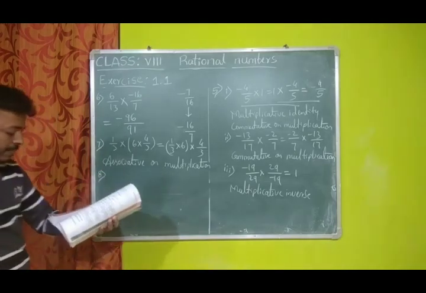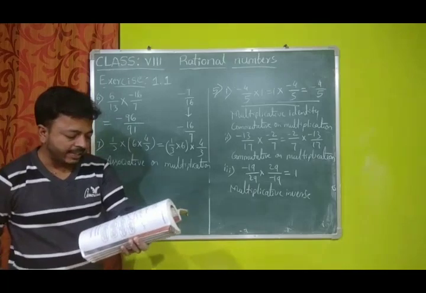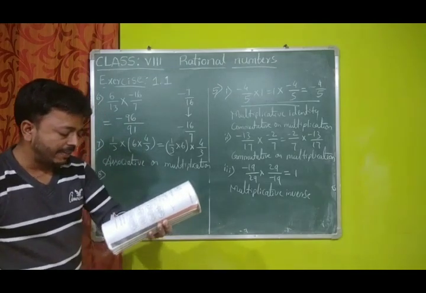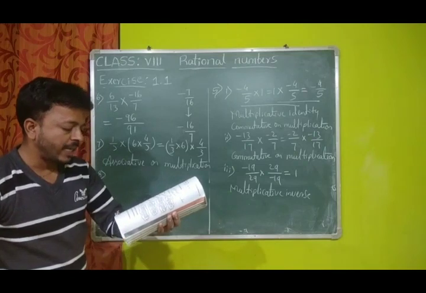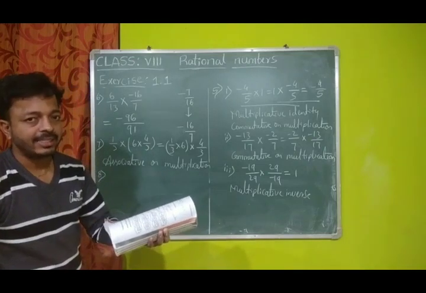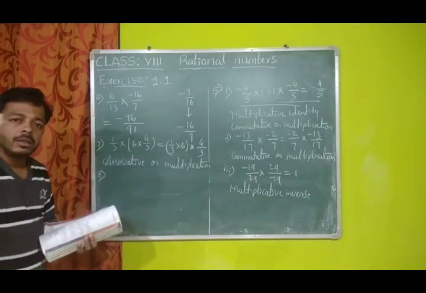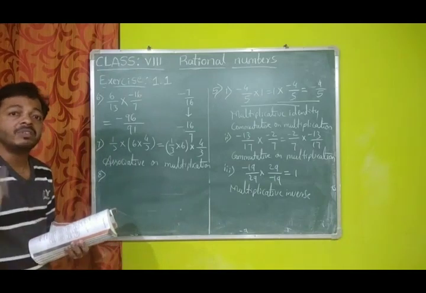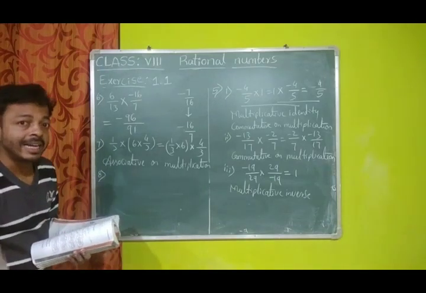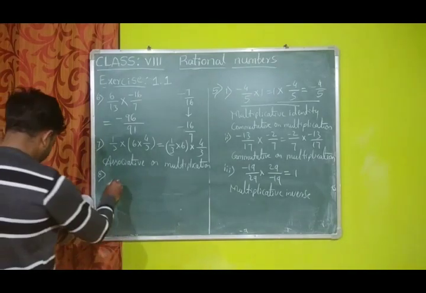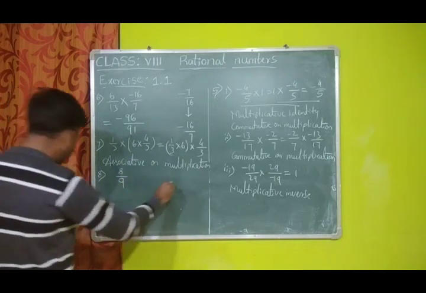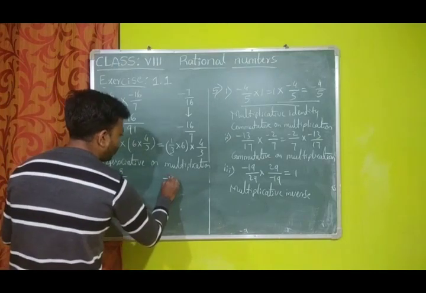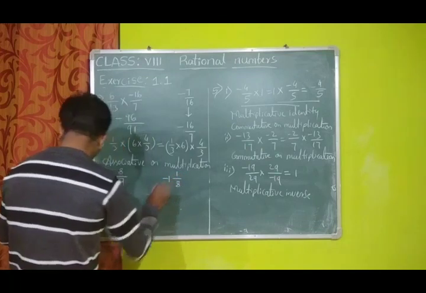Eighth question is very simple. Listen here. Is 8 by 9 the multiplicative inverse of minus 1 upon 8? Why or why not? That's the question. They gave a rational number and its inverse. Are they right or wrong? They gave the reciprocal of 8 by 9 as minus 1 upon 8.